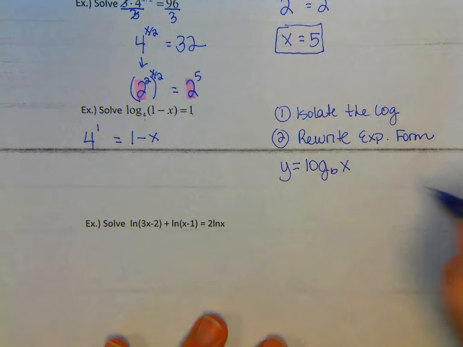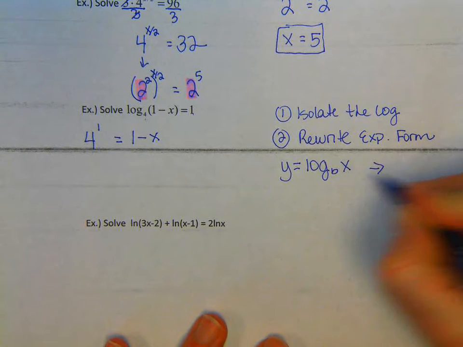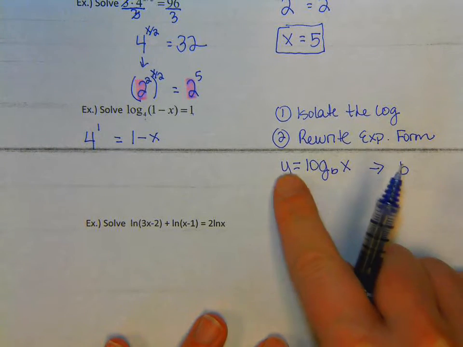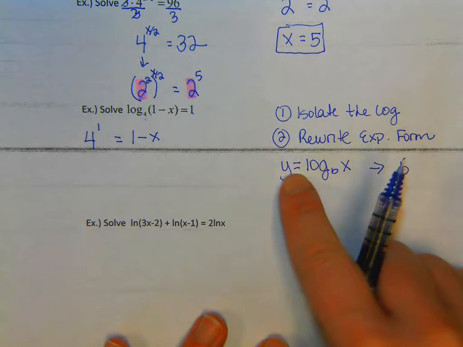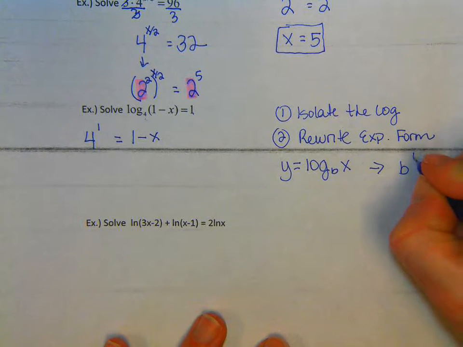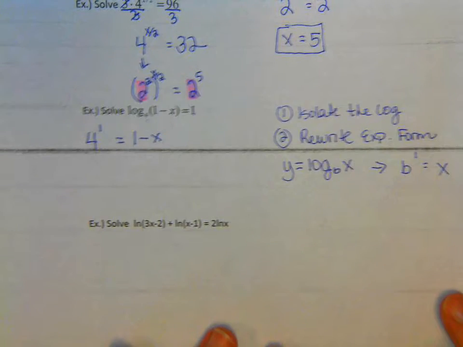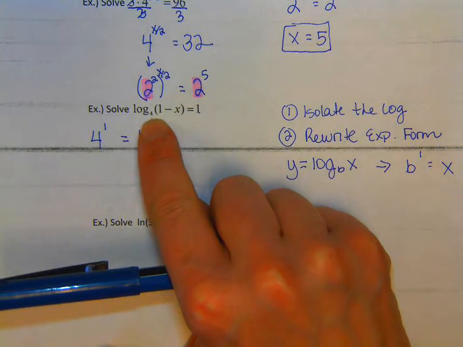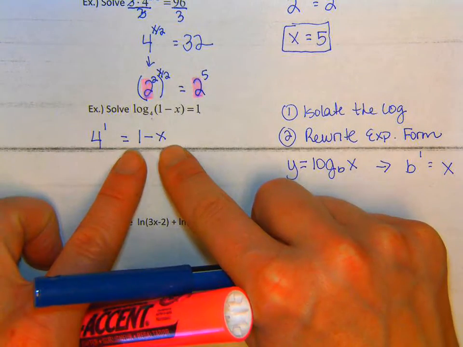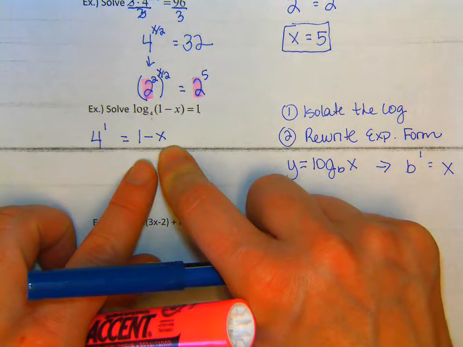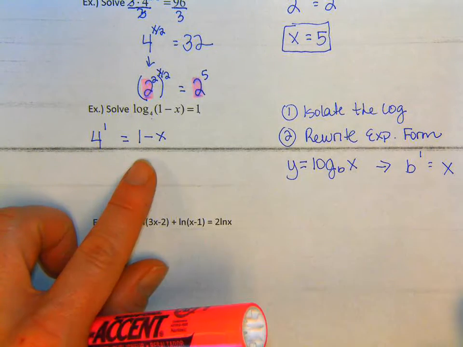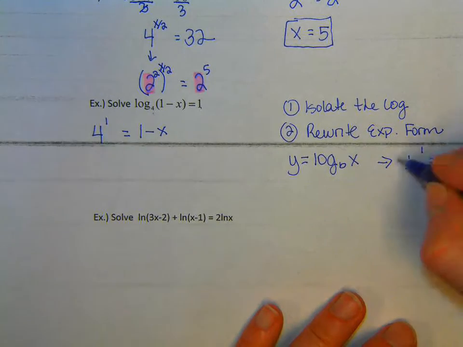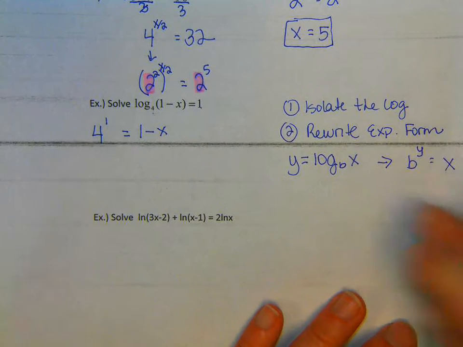To write it in exponential form, we do b to the y, the exponent is on the other side, equals x. And so that's all I did here. I did 4 to the first equals what's inside the logarithm expression. So this was b to the y. So if that helps you as you're solving these today.